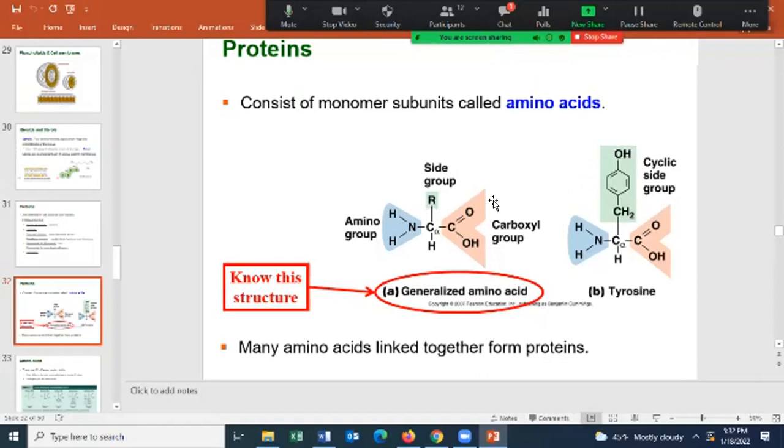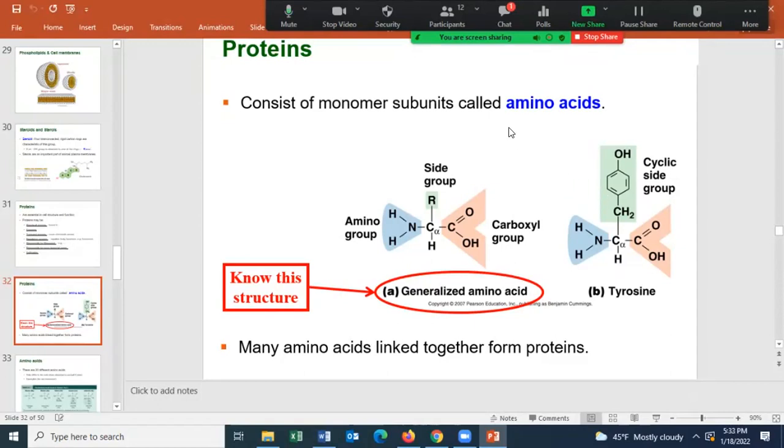So proteins are always polar, and proteins are always nonpolar because some of the R groups have regions which are nonpolar. Any question about any of that? So they're both polar and nonpolar? Yes, proteins are always both polar and nonpolar. We'll talk a little bit more about that in a minute.